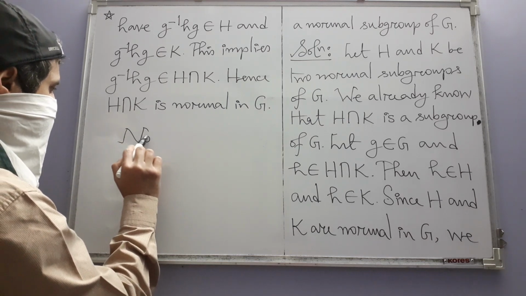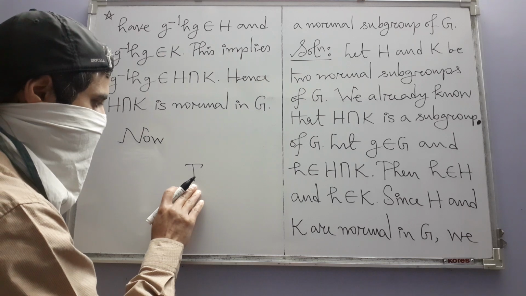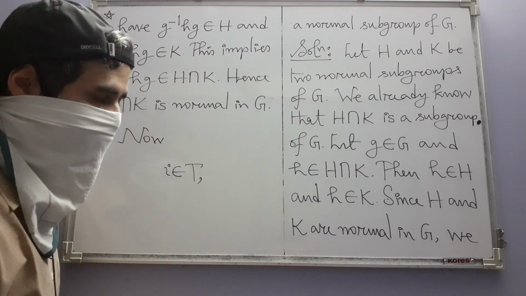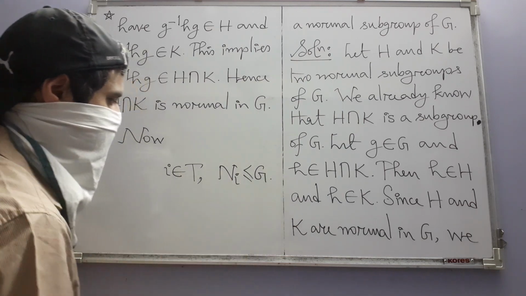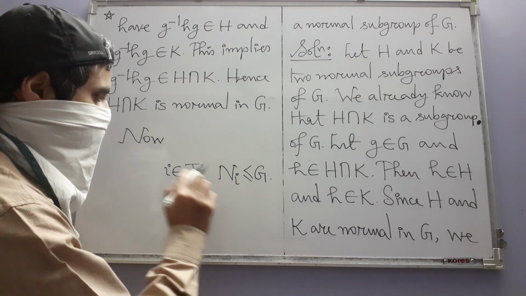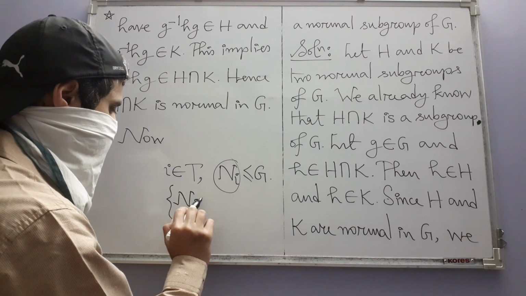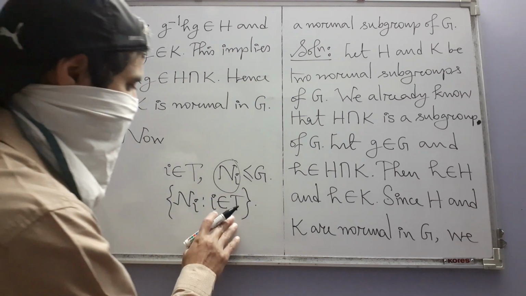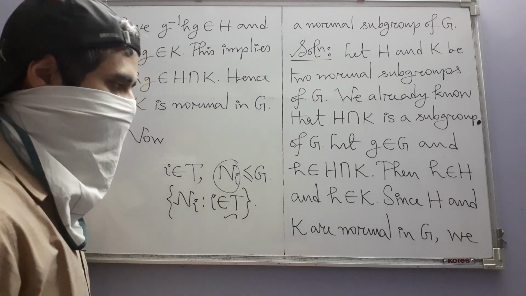Now, what we are given is a non-empty set T, and for each element i in T, we have a normal subgroup Ni of our group G. So we are really looking at an indexed family of normal subgroups, where the index set is T. To avoid logical complications, it is assumed that T is non-empty.